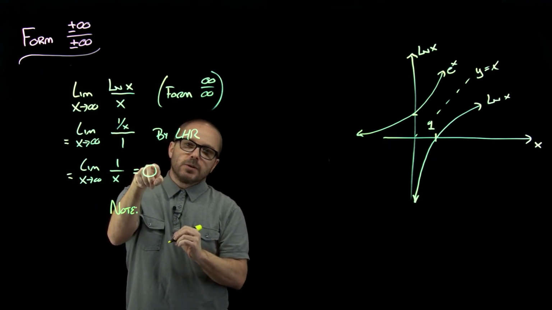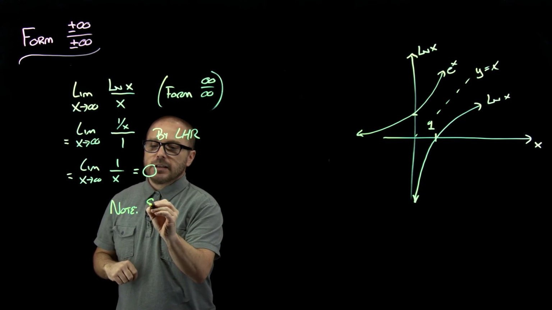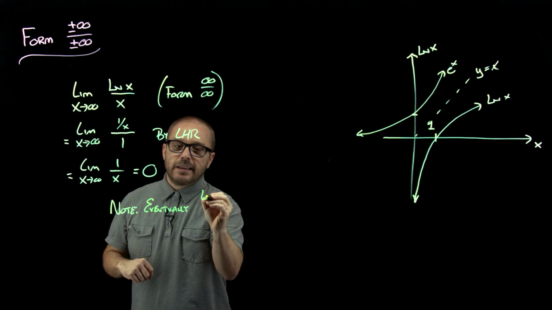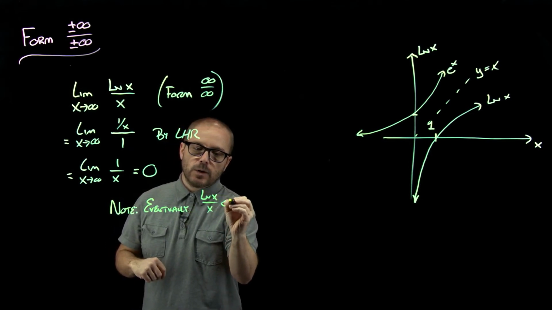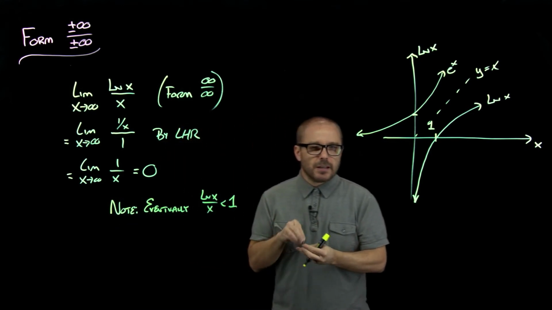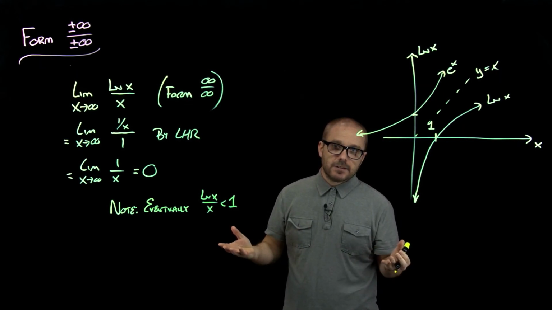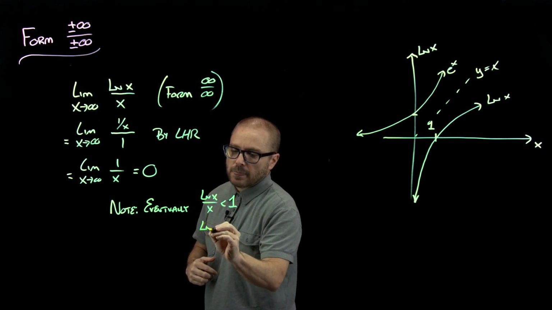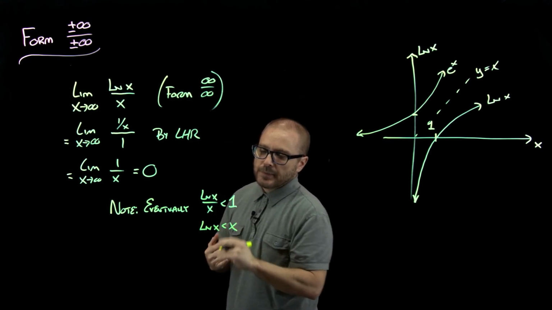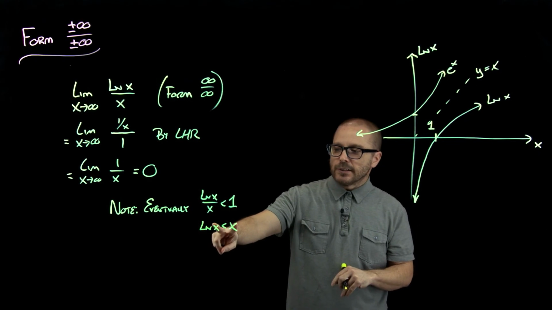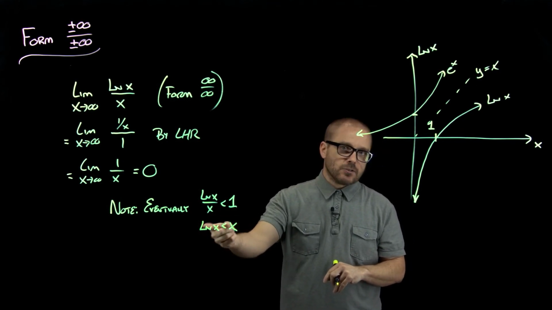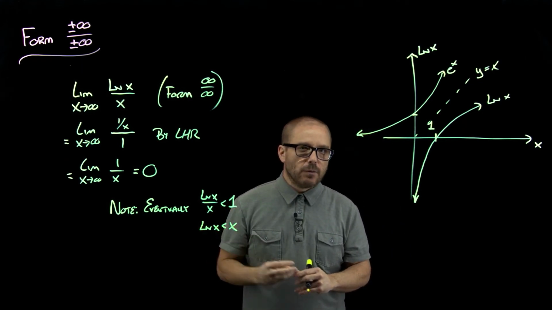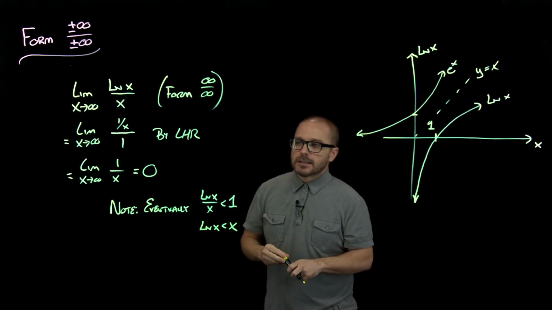If it's getting closer and closer and closer to 0, that means eventually natural log of x over x has to be less than 1, right? If you're getting infinitely close to 0, obviously at some point you're less than 1. And if I multiply both sides by x there, I get this inequality. This will be helpful for us later on. The fact that we can argue that natural log of x is less than x. And it turns out that we can say something even more general than that, but we'll get to that later.